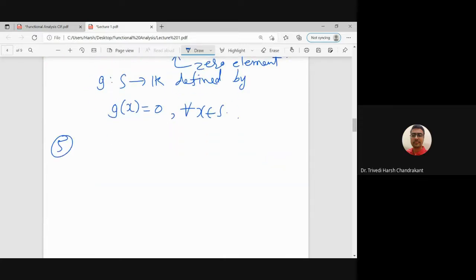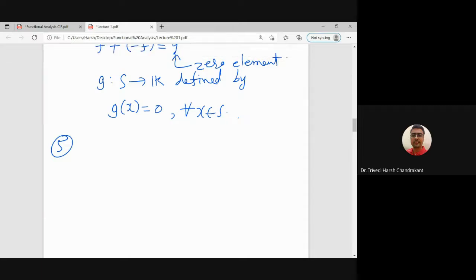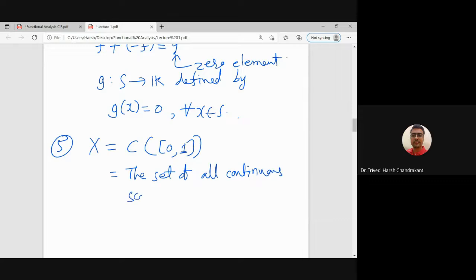Let us come to the next example, the set of continuous functions. We can't say just that it is a continuous function. We need to consider continuous functions from where to where, right? So let us define it on the set S, which is the interval 0 to 1. So what is this set? This set is the set of all continuous scalar valued functions.